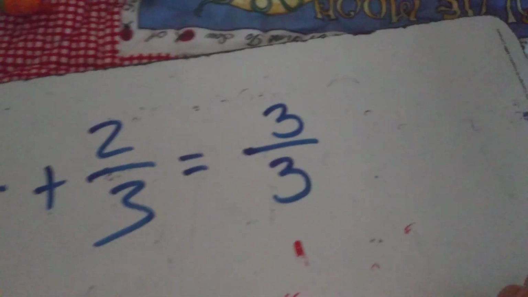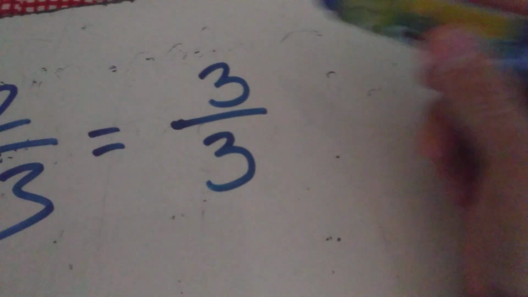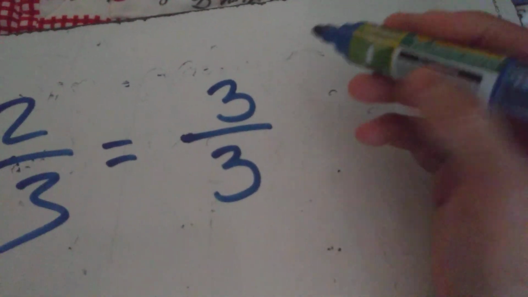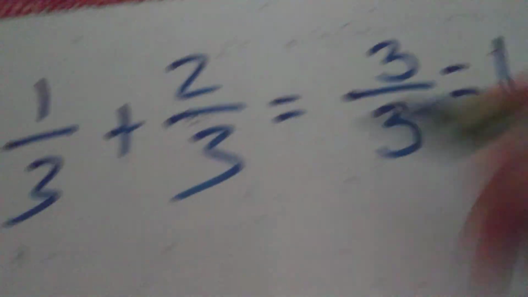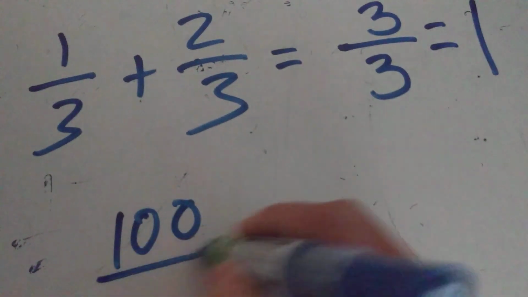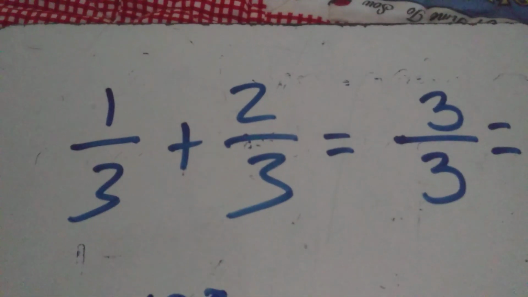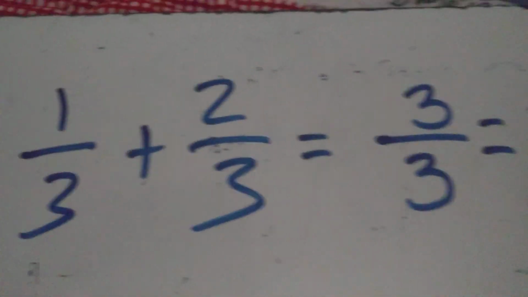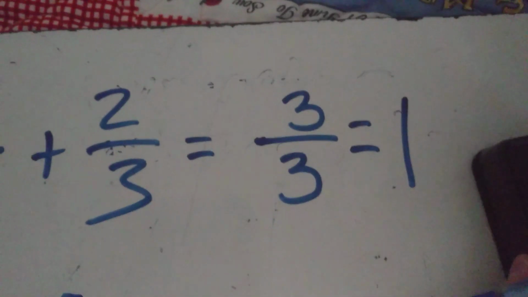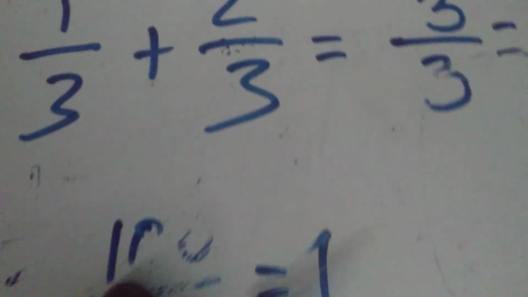So 3/3, but this is not reduced all the way because, as we know, anything in the numerator that is the same in the denominator, the value is actually equal to 1, which would be the same as 100 over 100 is equal to 1. So again, 1/3 plus 2/3 is equal to 3/3, which is equal to 1. They are like denominators, so we're just adding straight across.